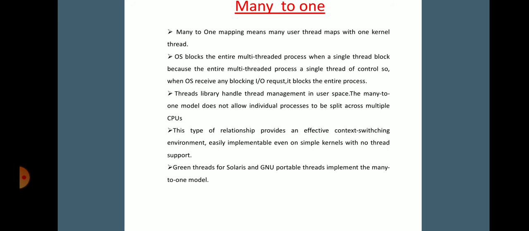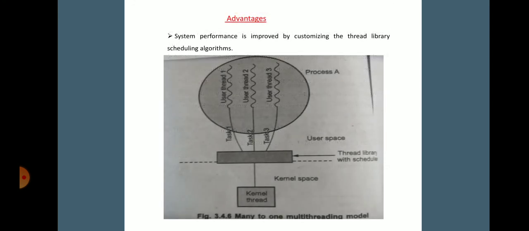Green threads for Solaris and GNU Portable Threads implemented the many-to-one model in the past, but few systems continue to do so today. What are the advantages of this? System performance is improved by customizing the thread library's scheduling algorithm. The figure shows a kernel thread provided with multiple user threads.